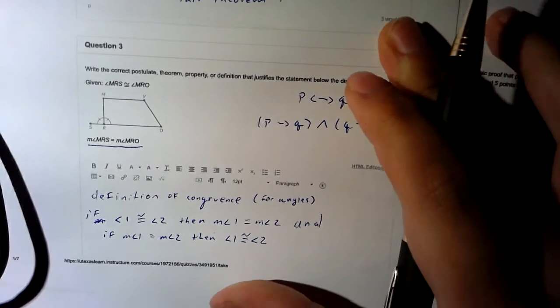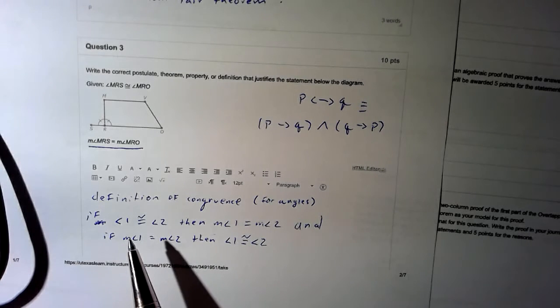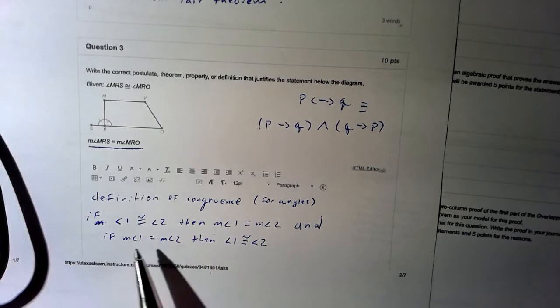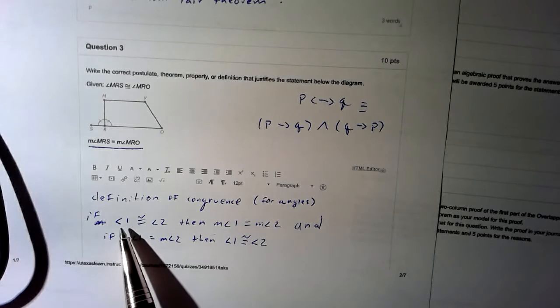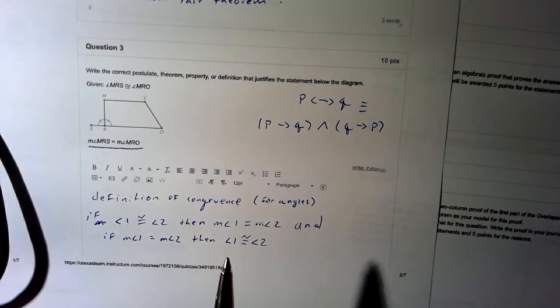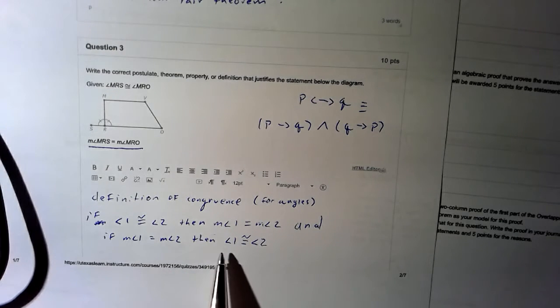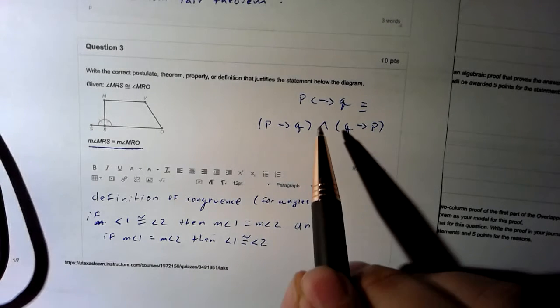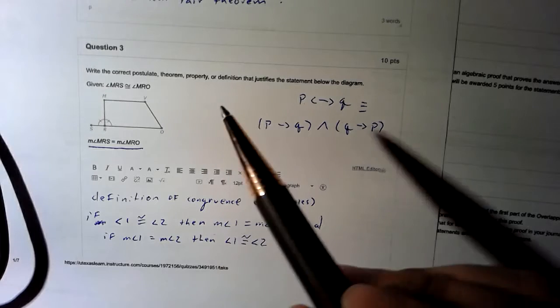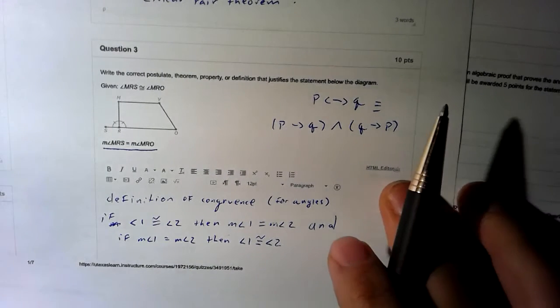The nice part about the biconditional statement, and that's why we use it for definitions, is that you can go back and forth. So if you start with the two angles being congruent, then you can conclude their measures are the same. Or if you start with the measures of two angles being the same, then you can conclude the two angles are congruent. So it allows you to go back and forth here. That's the convenience of having biconditional statements, which are definitions in math.